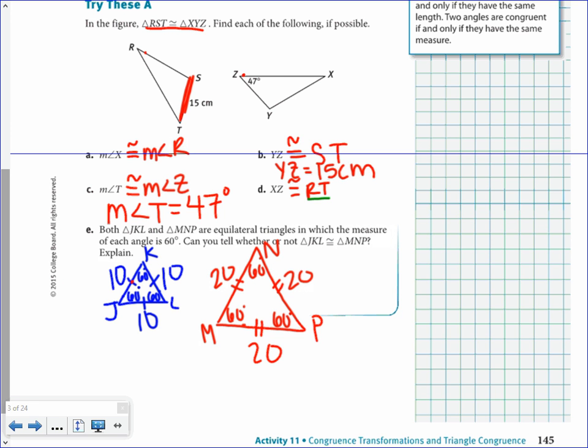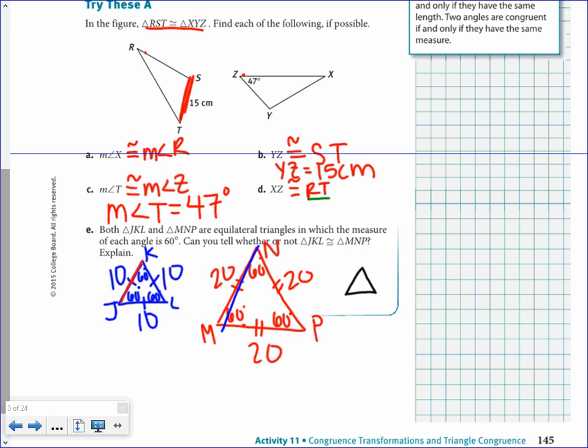Your corresponding sides are going to be proportional, so this side is corresponding to this one, and if you look at a fraction, 10 over 20 is 1/2, and all of the sides are going to be in that same proportion, but that doesn't mean that the side lengths are equal. So that means that the triangles may not be congruent. Is it possible that they are? Absolutely. But that doesn't mean that they will have to be.